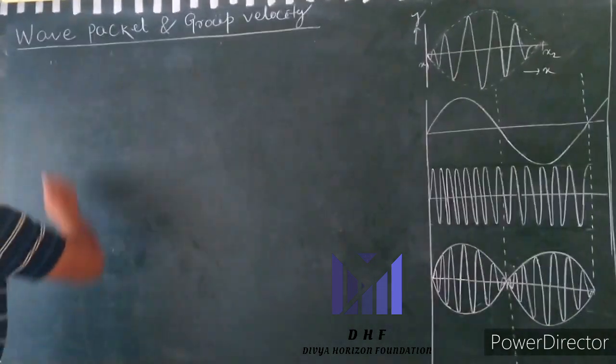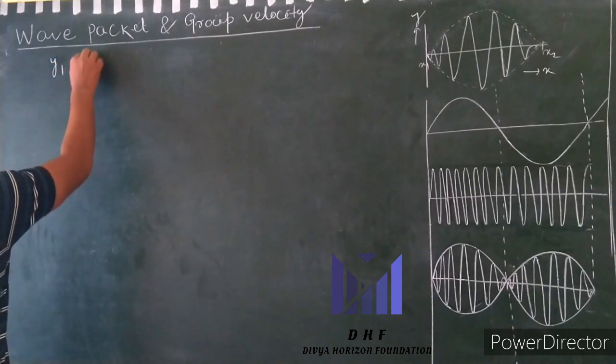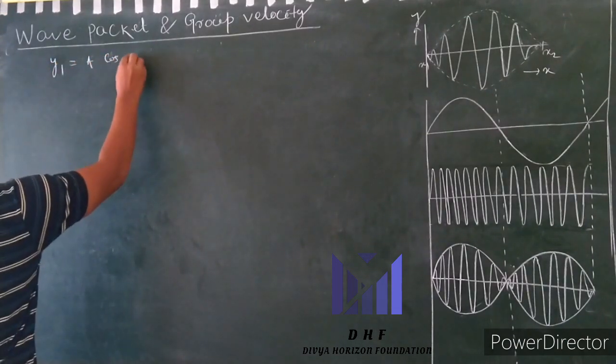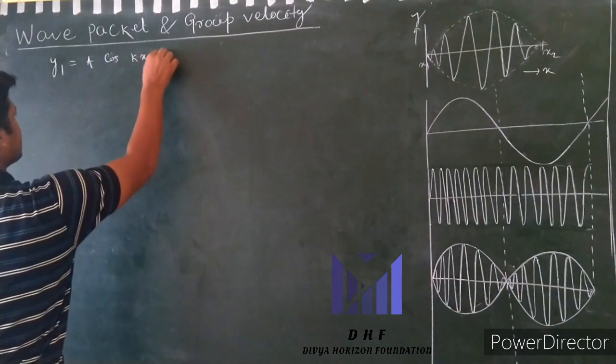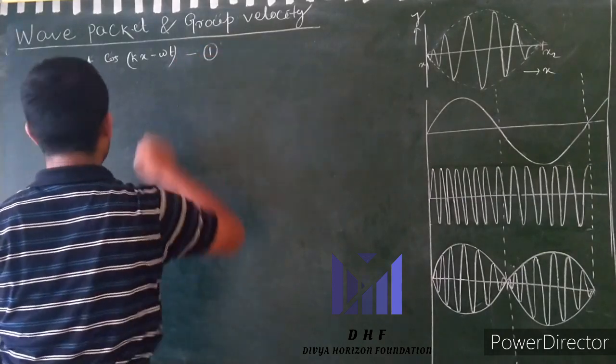So one monochromatic wave is given by y1 is equal to a cos(kx minus omega t). This is equation 1.